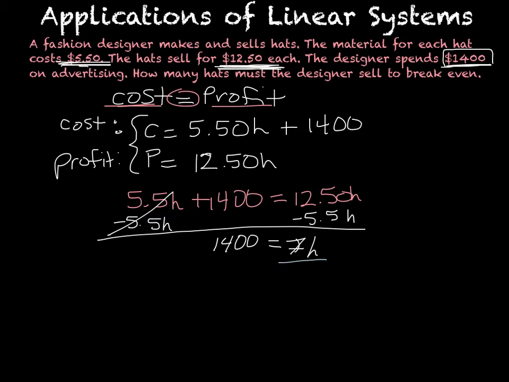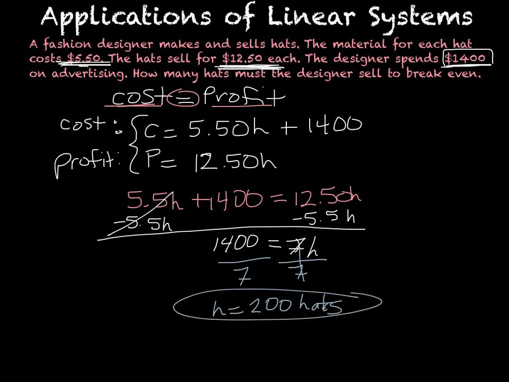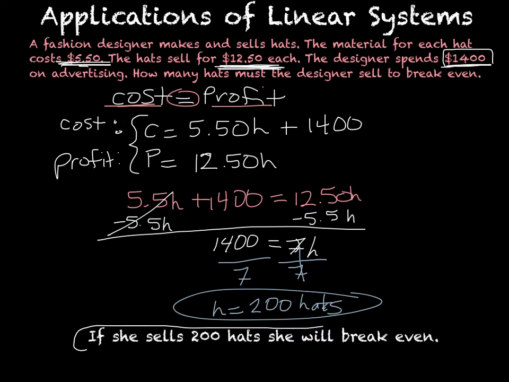So then I have to divide by 7, divide by 7, giving me H equals 200 hats. What this means, if she sells 200 hats, then she will break even on her cost, because her cost will equal her profit. That's your final answer.